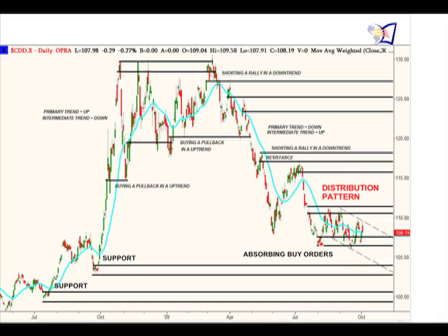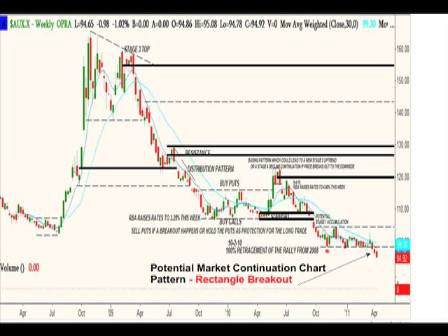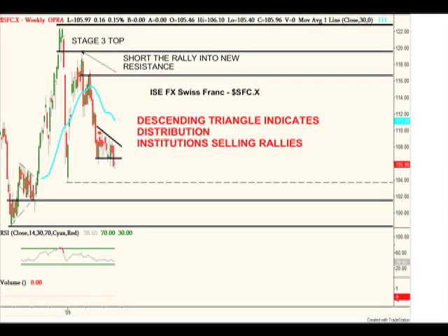So these distribution patterns, every time there's a rally, there's institutional selling on the rallies. And eventually when you take out all the buy orders or the support at that price level, that's when price will start to make new lows. And here we broke out of this rectangle to the downside and continued lower.